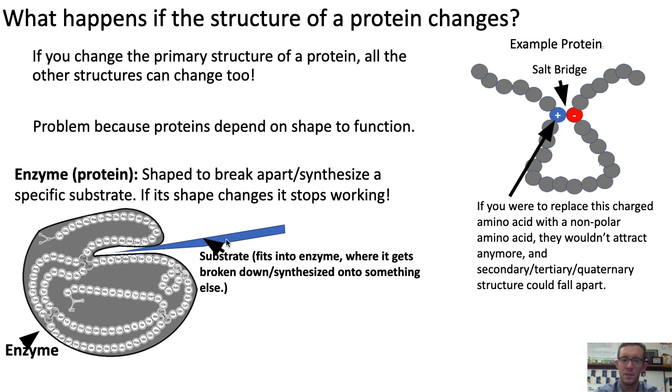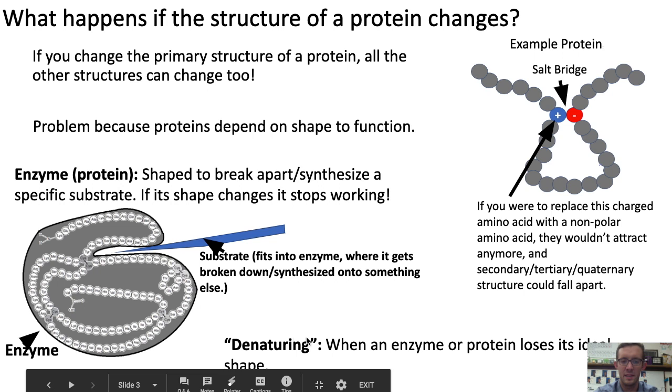The substrate fits into the enzyme where it can get broken down or synthesized onto something else. However, you can see there isn't a lot of room for error on this enzyme shape. If the shape of the enzyme were to change even slightly, then the substrate wouldn't be able to interact with the enzyme as easily, and the enzyme would stop working.